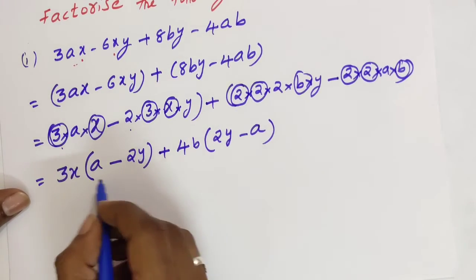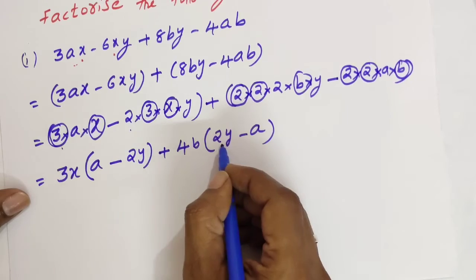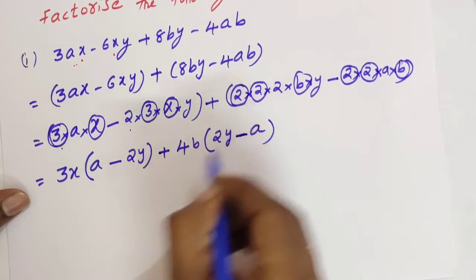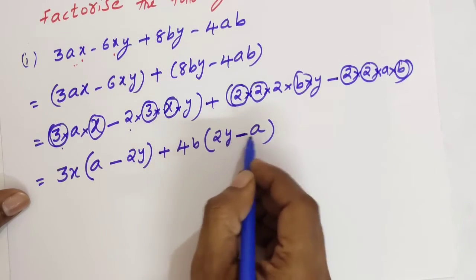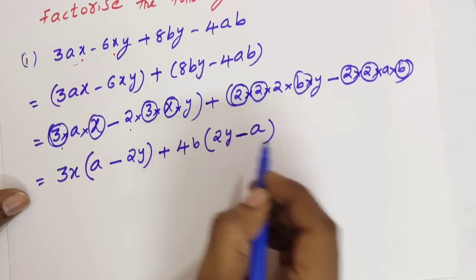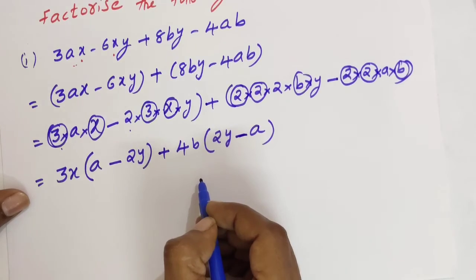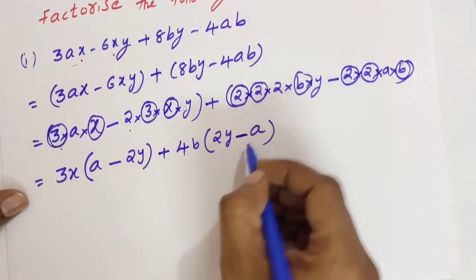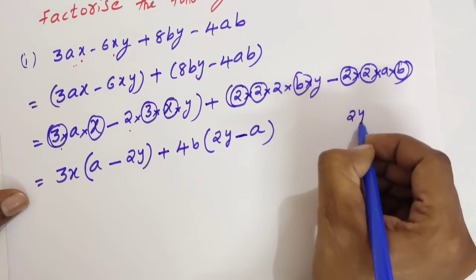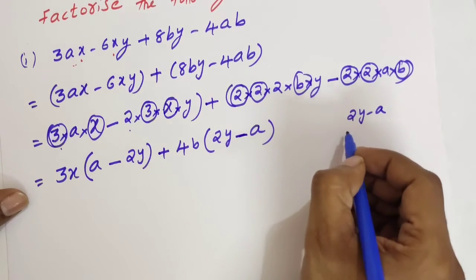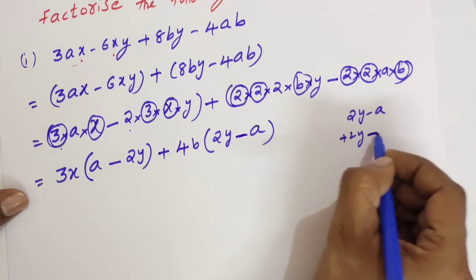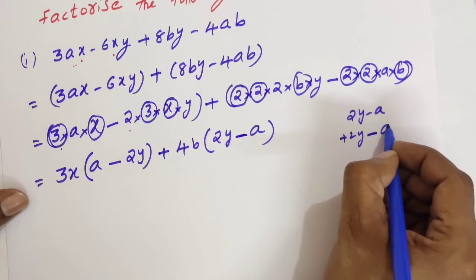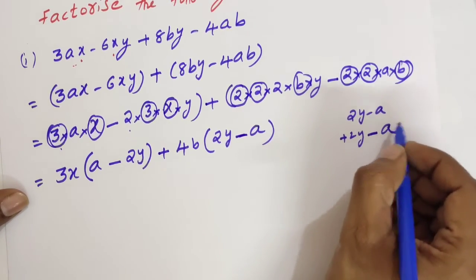So observe clearly here we have a minus 2y and whereas here 2y minus a. Okay, little bit of change here. So that's why from the second expression we can take common minus also. 2y we can take as plus 2y, and minus a, that is minus of plus a.